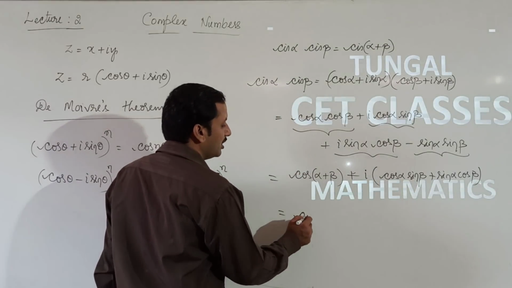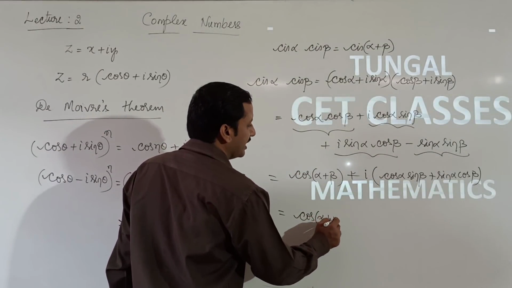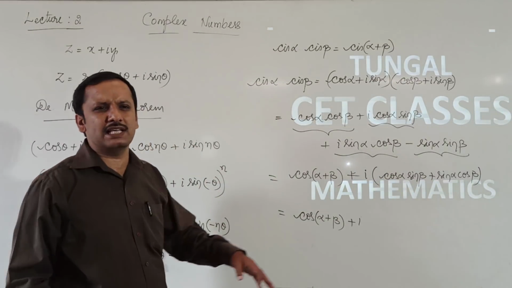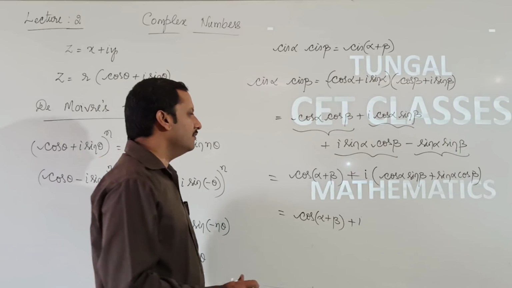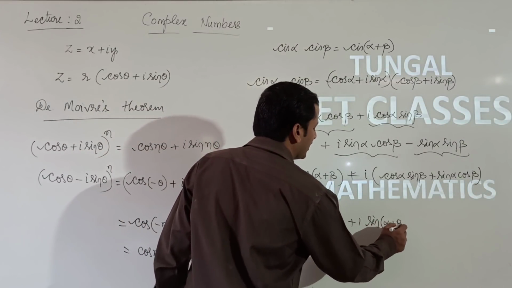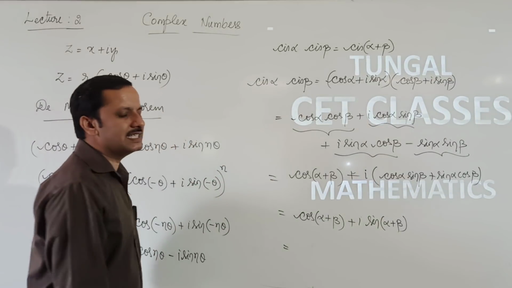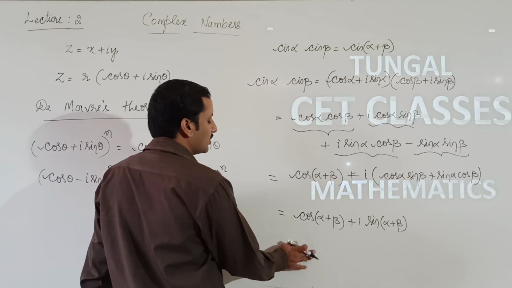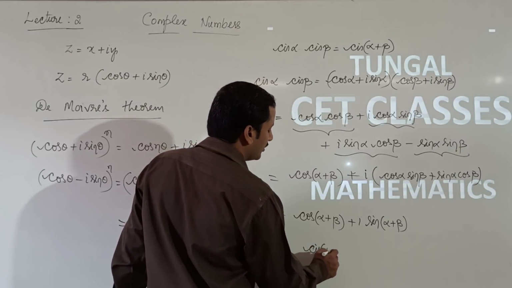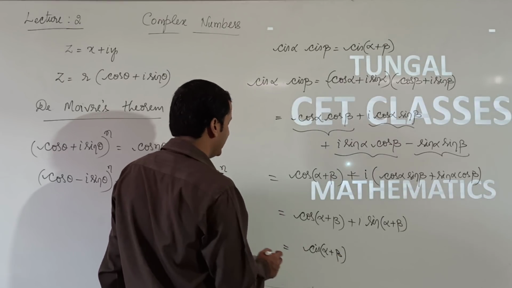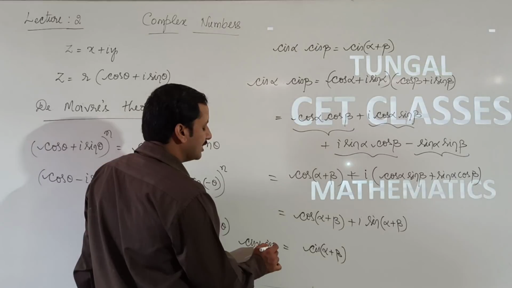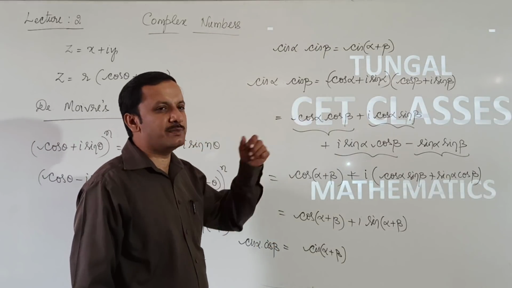So that's equal to cos of alpha plus beta plus i into cos alpha sin beta plus sin alpha cos beta. It looks like sin a cos b plus cos a sin b, which is equal to sin a plus b. So i into sin of alpha plus beta. Cos theta plus i sin theta is called as cis theta. So cos of alpha plus beta plus i sin of alpha plus beta is equal to cis of alpha plus beta. So we can say cis alpha into cis beta is equal to cis alpha plus beta.